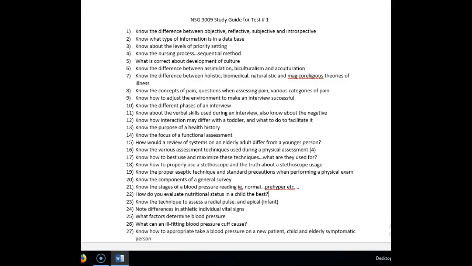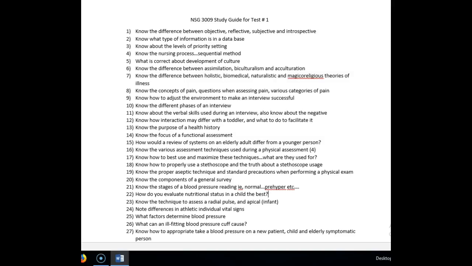I would like for you to know about the factors that determine the blood pressure. So basically, this is just you reading and knowing. It is on your PowerPoint on page 8 under your vital signs. The factors are determined by cardiac output, so how much blood your heart is pumping.